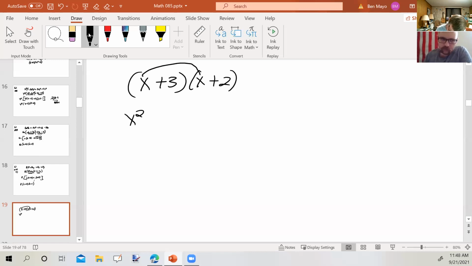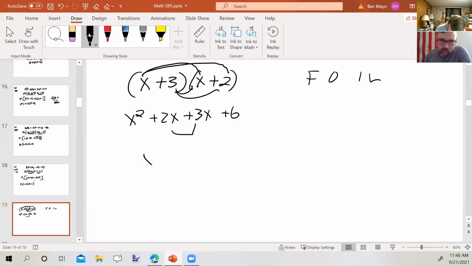Then we do the outer, so there's your FOIL, F-O-I-L. So the outer, and we get plus 2x, and the inner we get 3x, and the 3 times 2, the last we get 6. We combine like terms and we get that. All right. Do I need to review that process more, or is it coming back to you in terms of what's going on there?